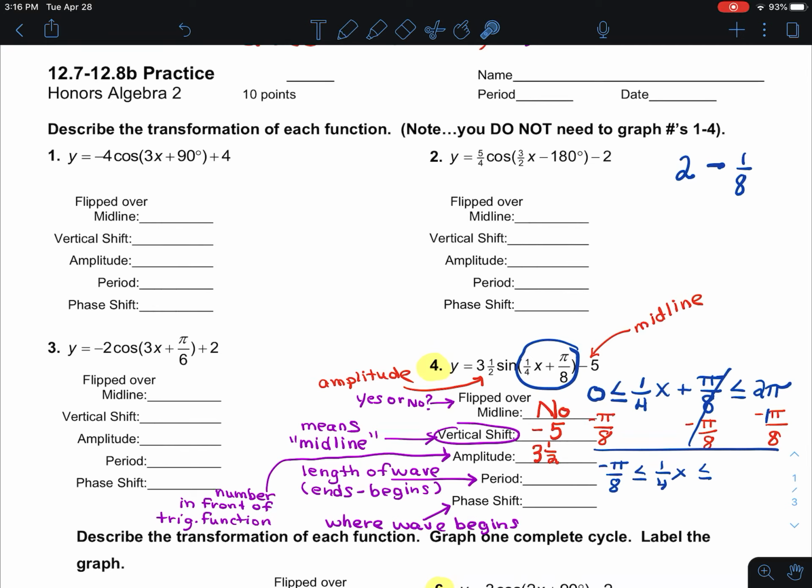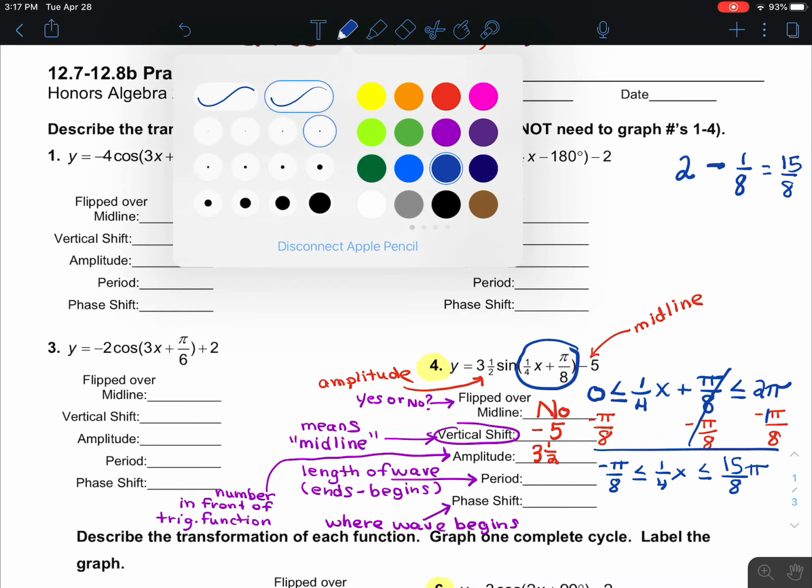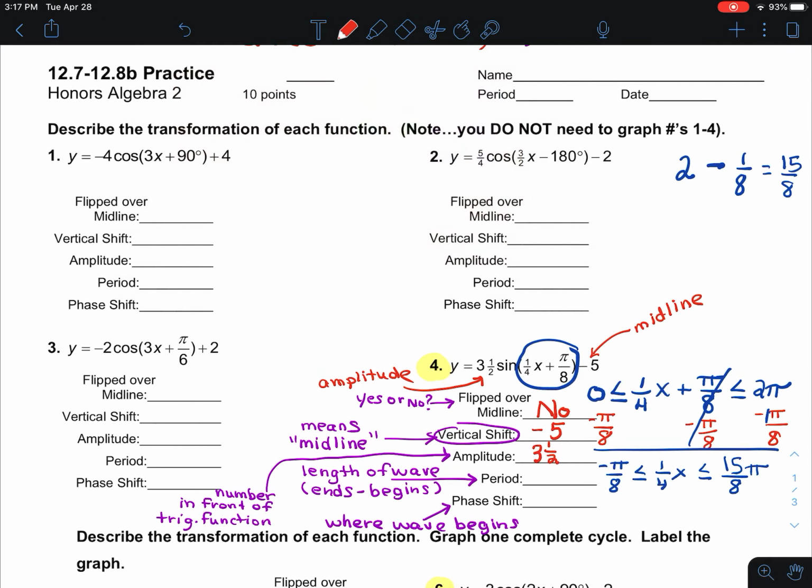So on your calculator, type 2 minus 1/8. You're going to see a decimal, like 1.875. Switch that into a fraction. That's 15/8. And then when you write it down here, reattach the pi symbol back onto the answer. Now we need to get that x by itself.